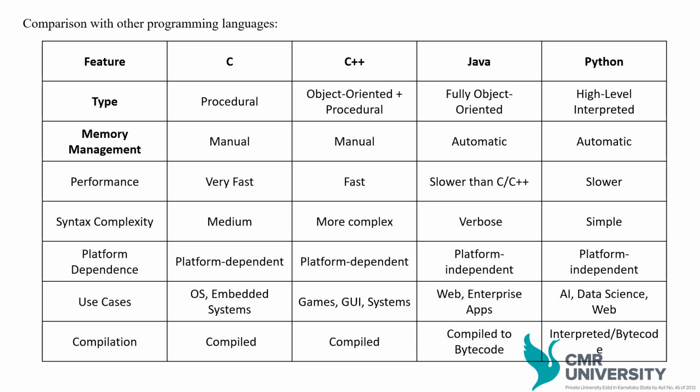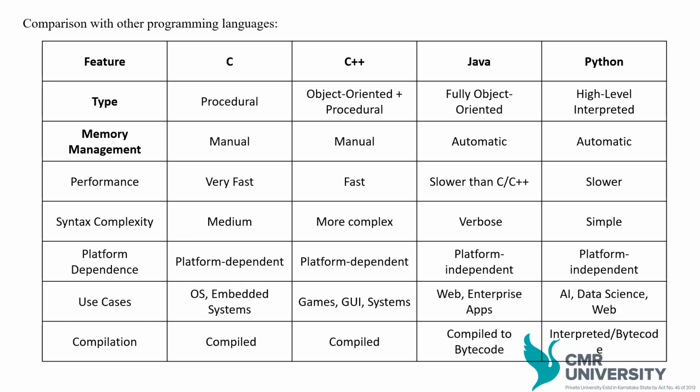Here we will compare C with other programming languages to see whether C is versatile, accessible, or scalable or not. We will take features first. In type, C is procedural, but C++ is object-oriented plus procedural. Java is fully object-oriented.